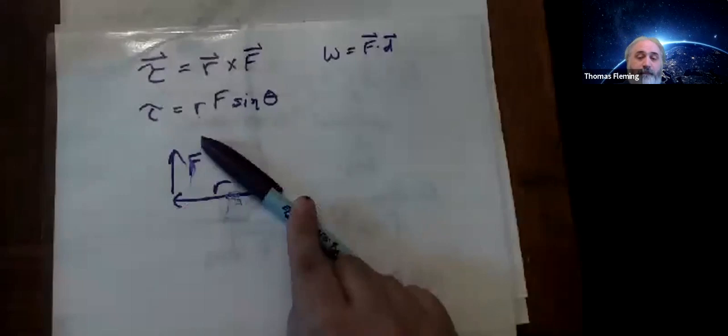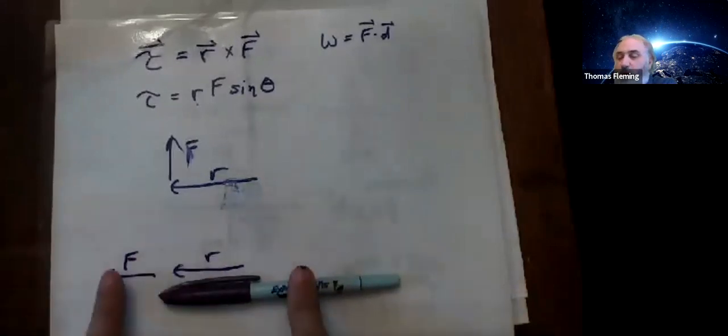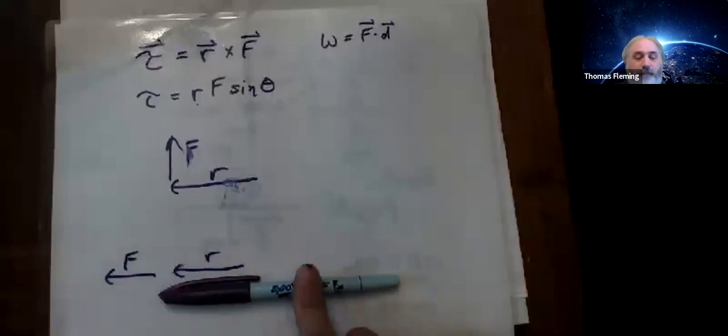So pushing here, I get all kinds of torque. If, however, I pull this way, and r is this way, no matter how much I pull, the angle between these two things is 0. The sine of 0 is 0. And as a consequence, I don't get any torque.